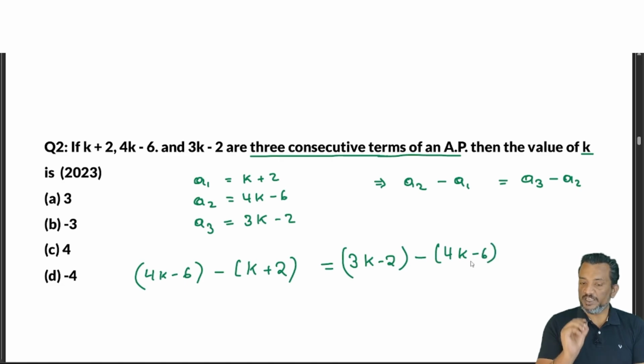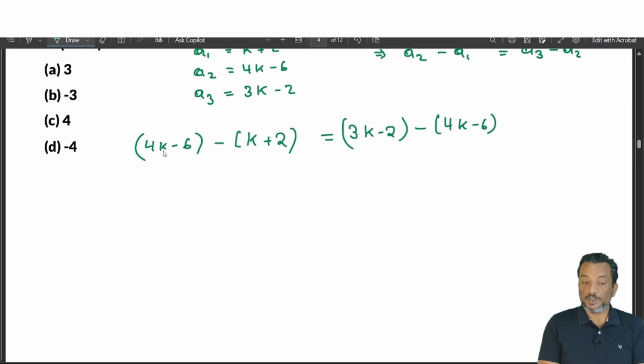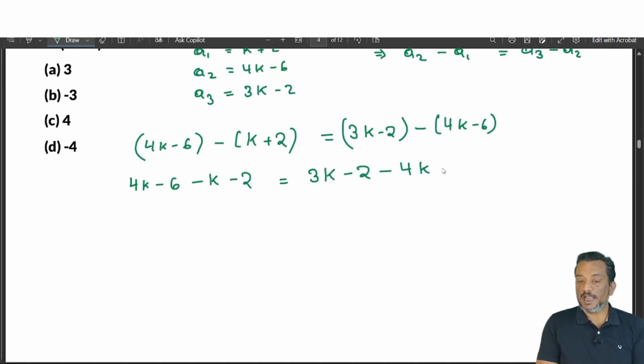And most important, be careful about this sign, because most students make a mistake here. So now you can say 4k minus 6 minus k minus 2, and same way 3k minus 2 minus 4k plus 6. Hope you're getting this one.